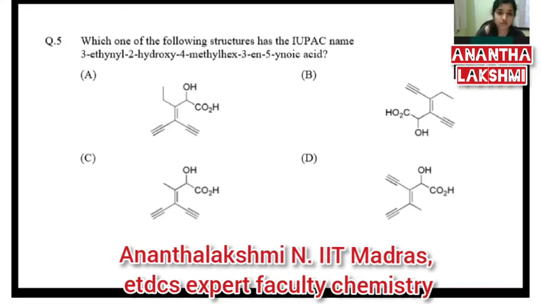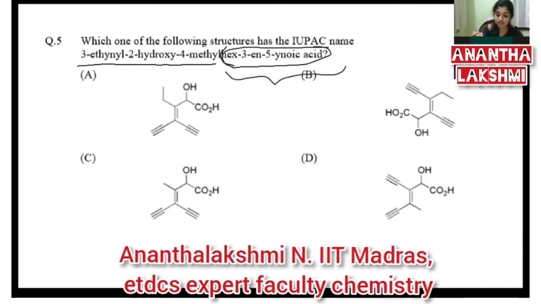Okay, so the name is, as we can see, 3-ethynyl, 2-hydroxy, 4-methyl, hex-3-en-5-ynoic acid. So this last part actually gives our parent chain, like how many carbons are there in the main chain.